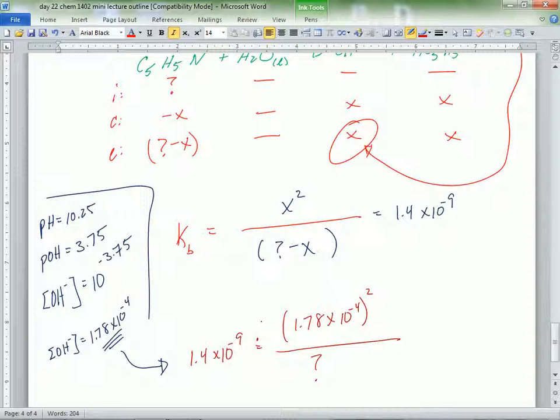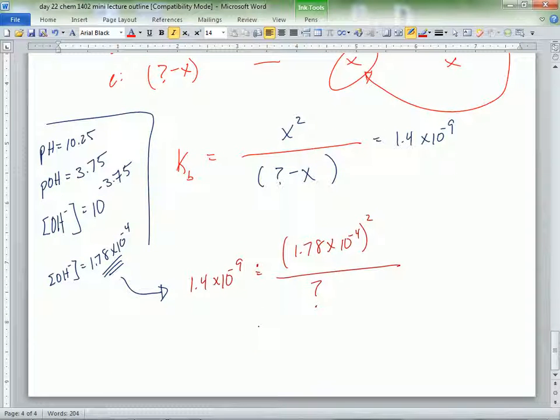But how do I do the square? So first put 1.78 times 10 to the negative 4 in your calculator. Hit x squared. Divide by 1.4 times 10 to the negative 9.